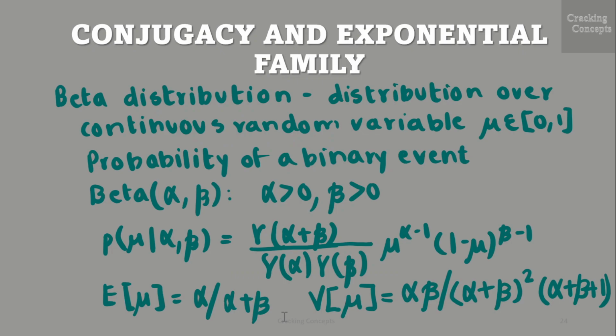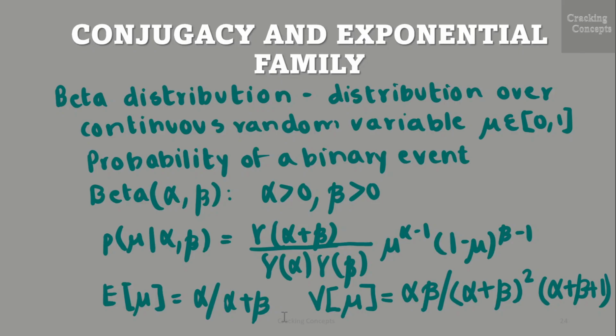Lastly, we have beta distribution. This is a distribution over a continuous random variable mu, which is an element of [0, 1], which is often used to represent the probability for some random binary event. For example, the parameter governing the Bernoulli distribution.